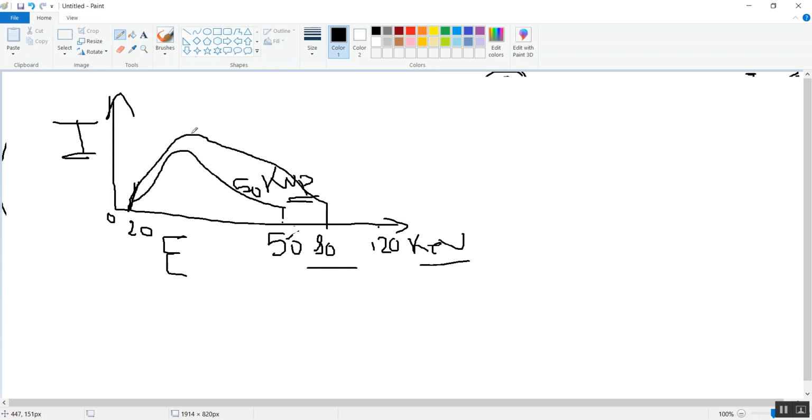I increase the kV to 100. What happened? The curve becomes higher, the intensity increased, and the kVp means that the highest energy of X-ray will be 100 kilo electron volt.